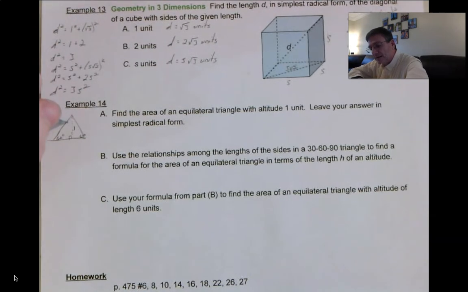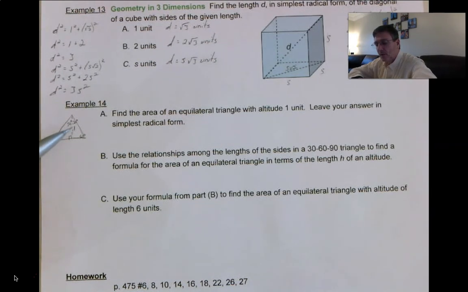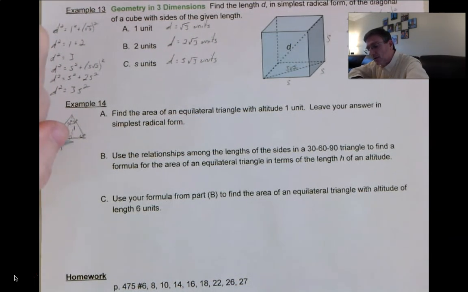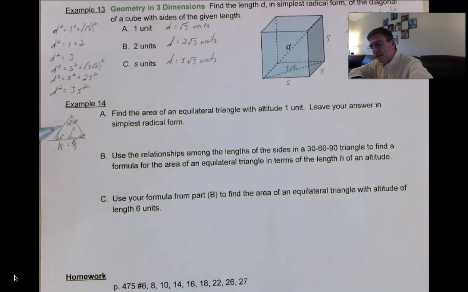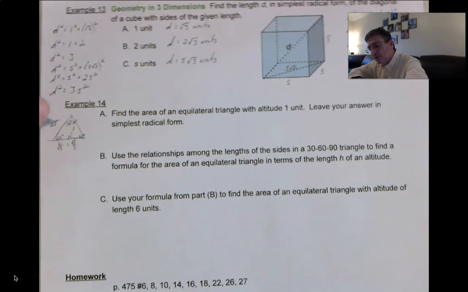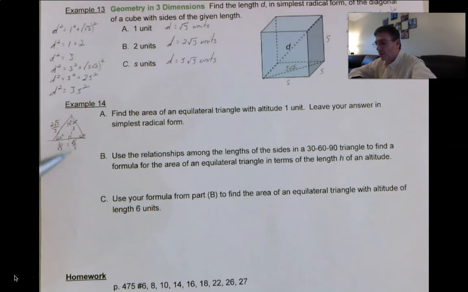This one's being bisected, so this is now 30 and 30. If this is 1, this is the long leg. To go from the long leg to the short leg, we divide by the square root 3. 1 divided by square root 3, or square root 3 over 3, making the algebra teachers happier. Making the hypotenuse 2 square root 3 over 3, or the base of this triangle to be 2 square root 3 over 3.